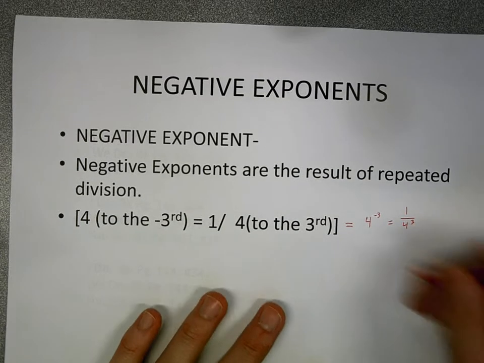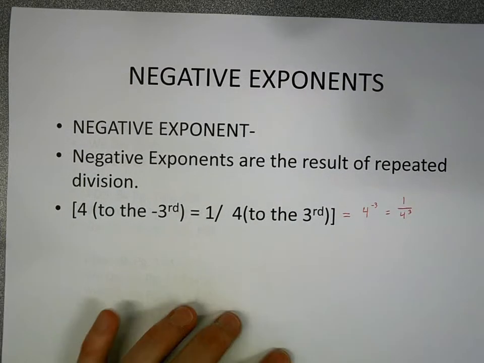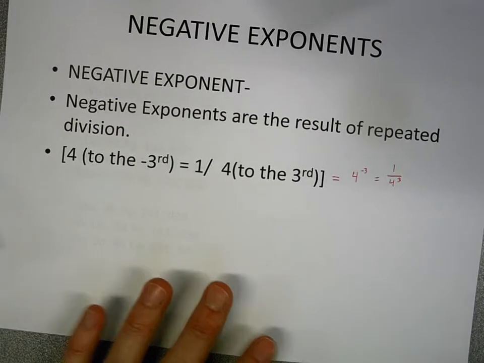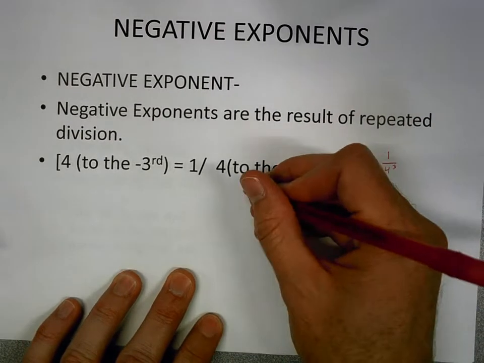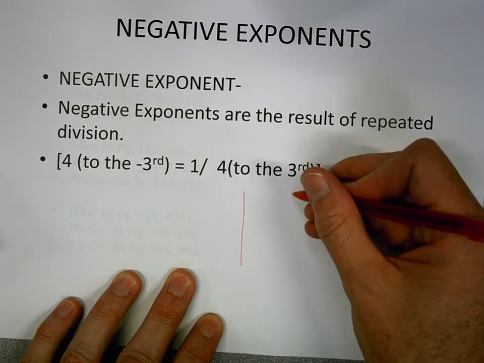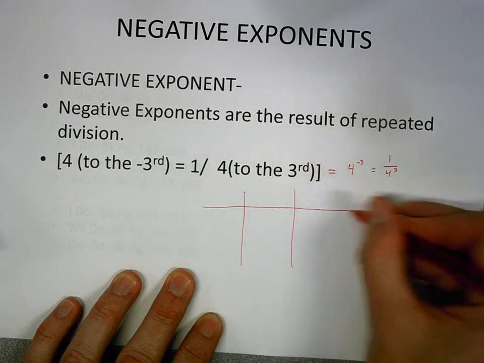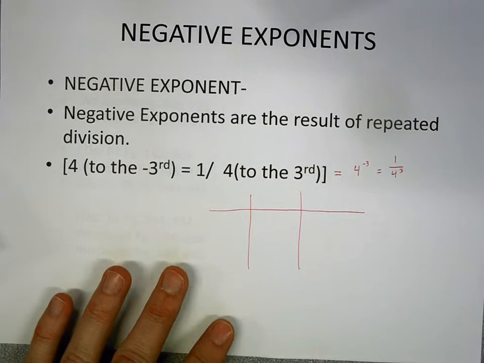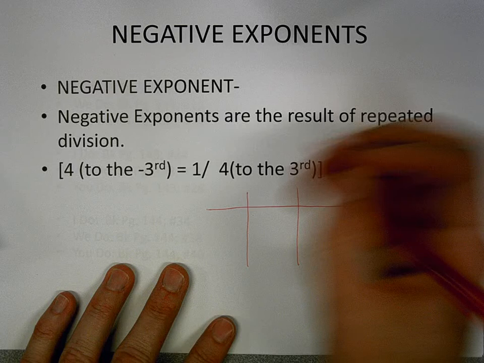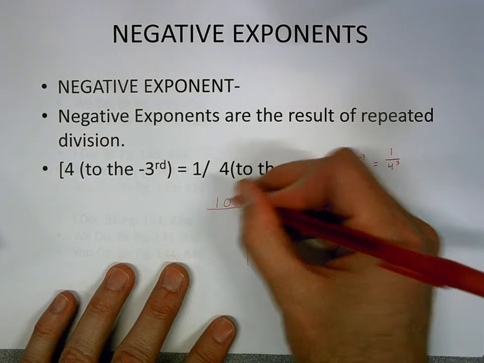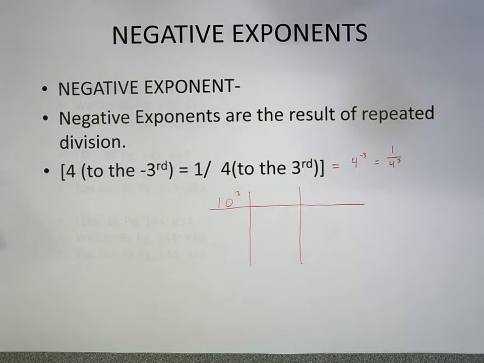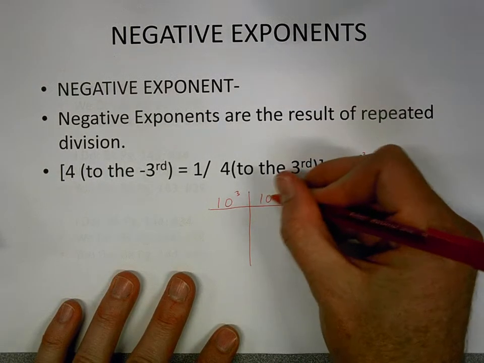If I make a little chart, it's best shown in a chart. Let's say we have something like 10 to the third power. 10 to the third, which is 10 times 10 times 10, of course gives us 1,000.